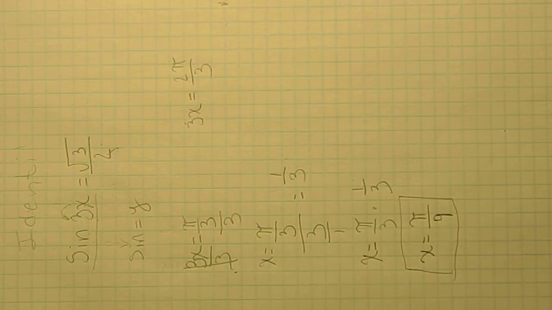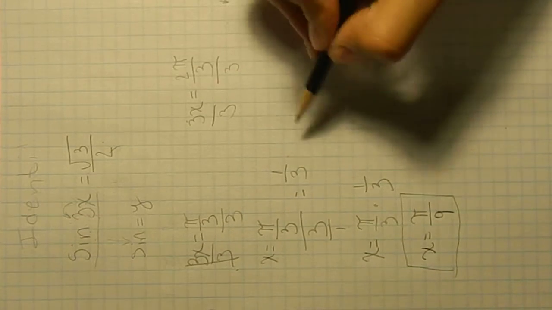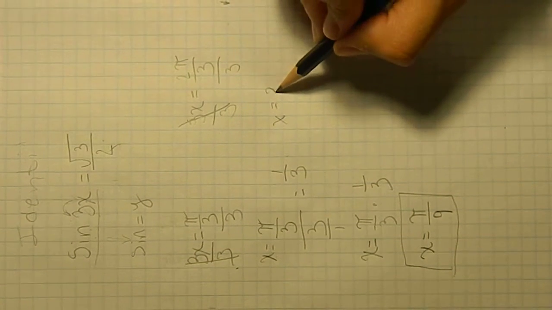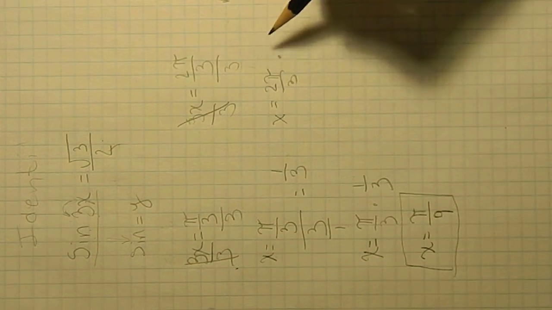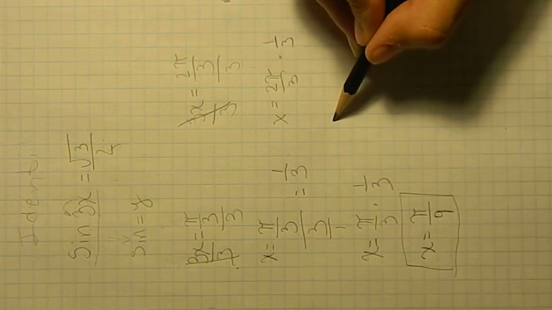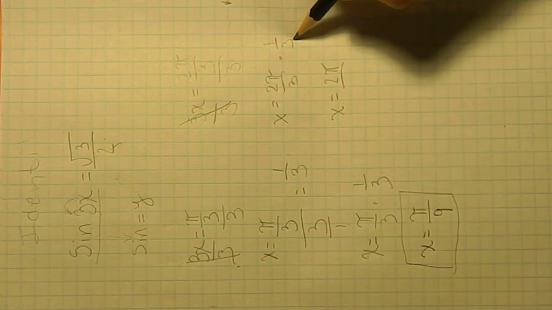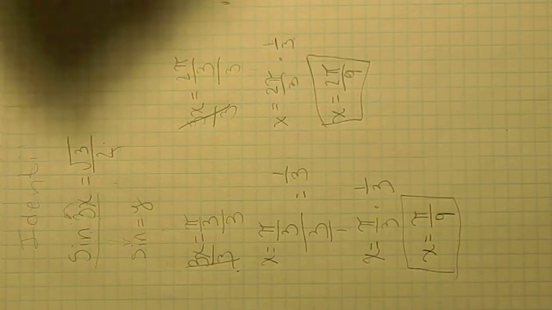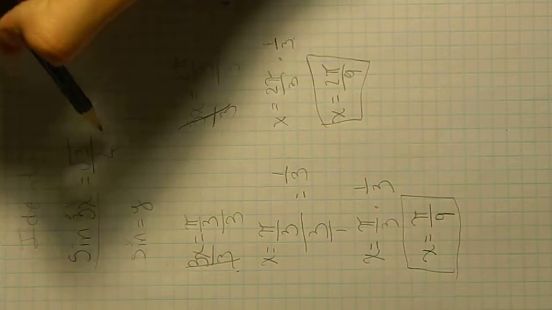For the next one, the same process: we're gonna divide the whole equation again by 3, so we have x alone because the 3 cancels, and we have 2 pi divided by 3 times the reciprocal, 1/3. So 2 times 1 is 2, pi stays the same, 3 times 3 is 9, right? So this is our second value when sine 3x equal to square root of 3 divided by 2.